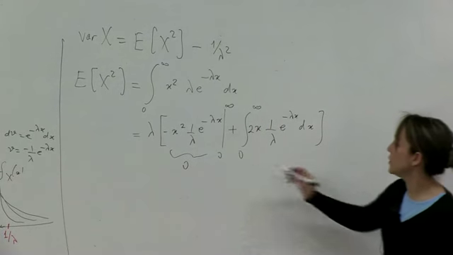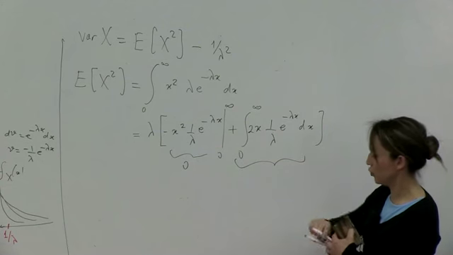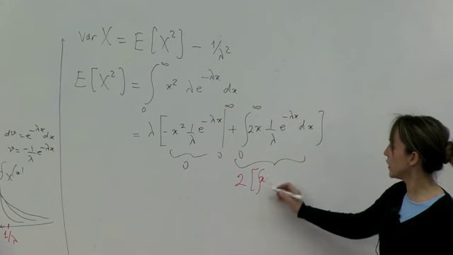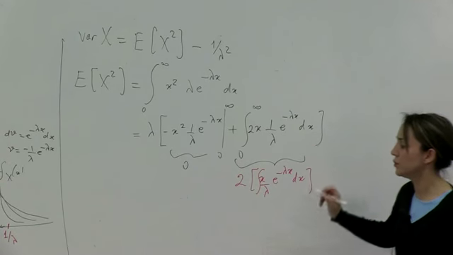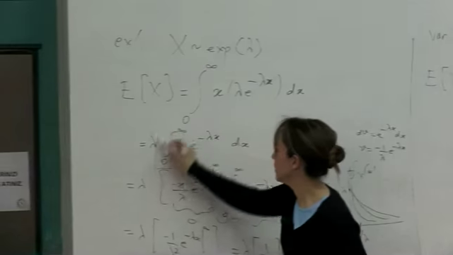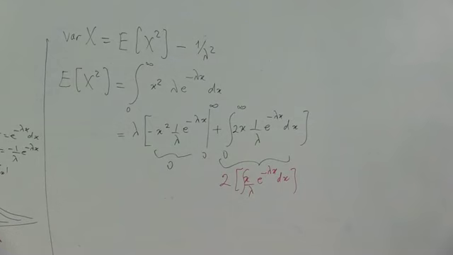Okay? What do we do about this term? This is simply twice the integral of x over lambda e to the minus lambda x dx, which we just did here. Remember, we just did this, and we found the result to be 1. No, we found the result to be 1 over lambda squared.